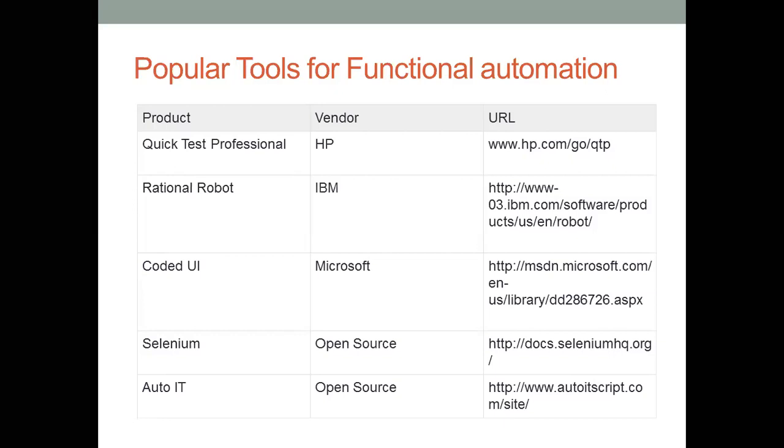HP QTP, a very famous tool. Second, IBM Rational Robot. From the IBM website, you get the information about that tool. This is also a paid tool. Then third, Coded UI. This is a tool of Microsoft, and from the Microsoft website msdn.microsoft.com, you will get information about that tool, Coded UI by Microsoft.